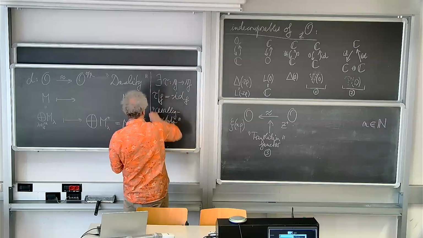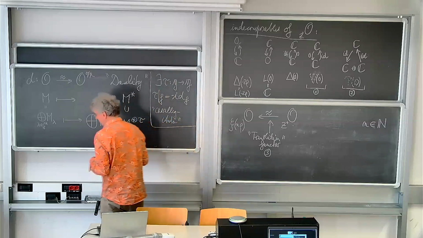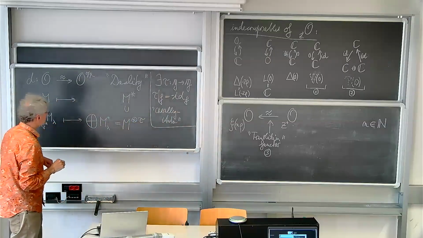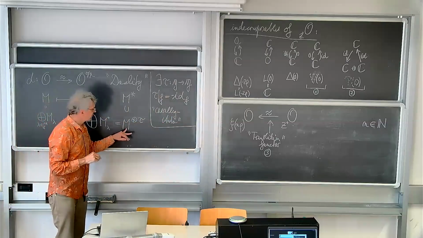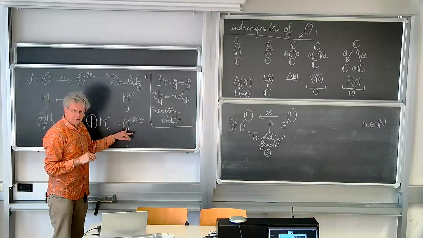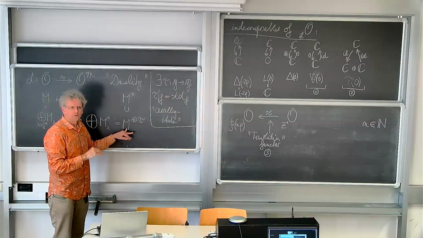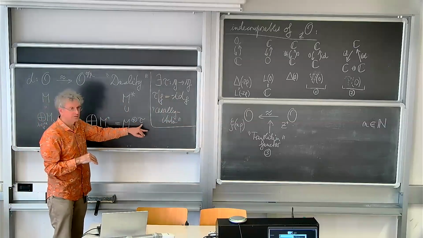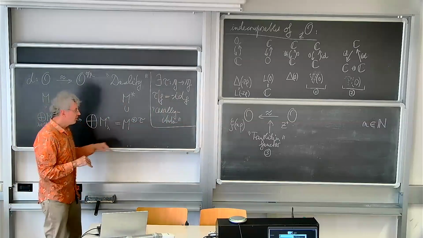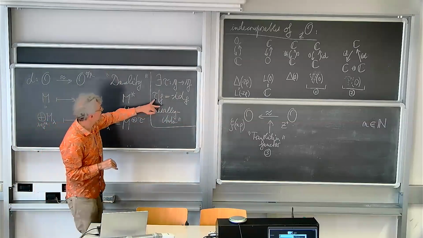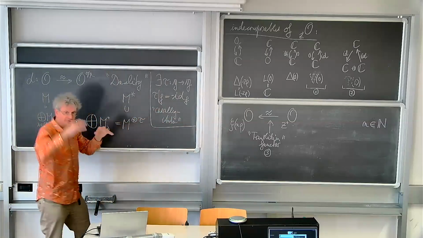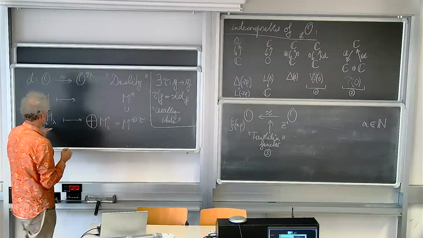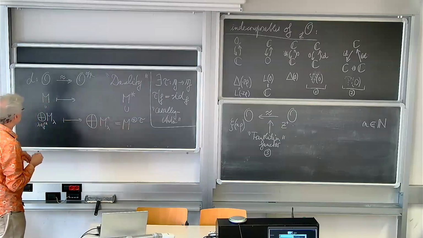I think for GL_n, it's just take minus transpose. That's also why tau is a good letter. And now, because it's minus on the Cartan, it will turn the weight spaces upside down. So now this is a pretty nice functor.